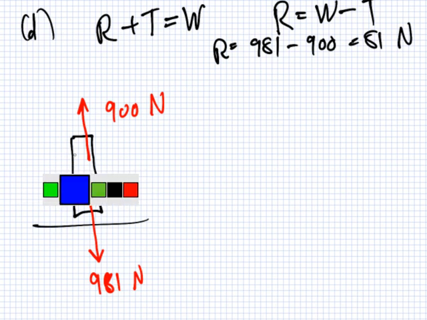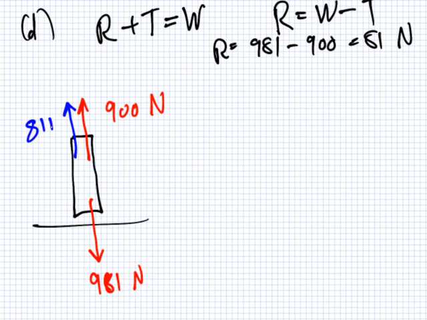So you would need a reaction force from the ground of how much? 81 newtons. That's the answer we got. But it's moving up, right? Well, not at the beginning it's not. When the engine is first turned on, there's not enough thrust for it to move up. So it's still equal. It's not moving yet.